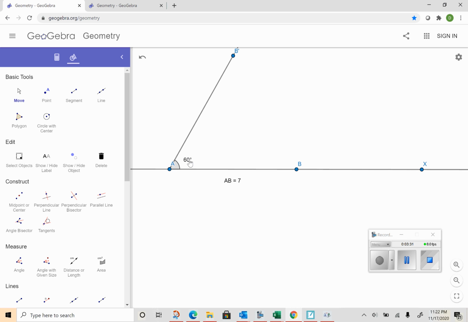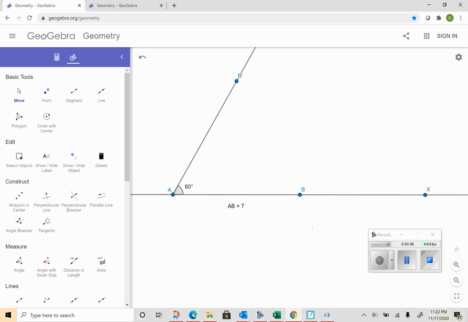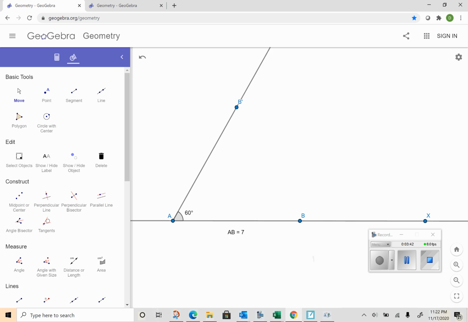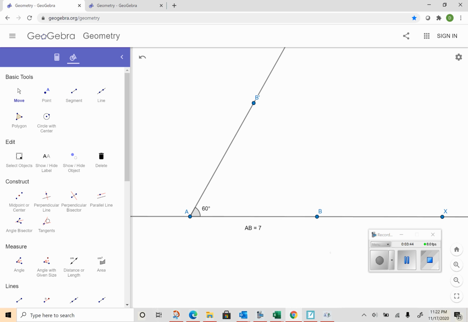So this is, I'm going to pull this out a little bit here. Here's my angle A, that's 60 degrees. I don't know how far out that's going to go.